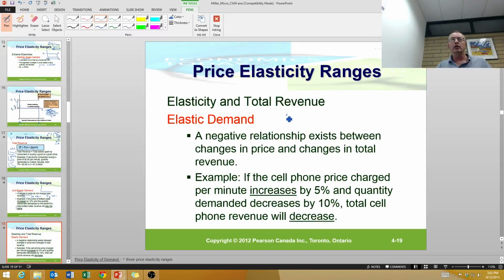So the change in price and the change in total revenue are inversely related. So when we look at these things, here's a demand curve. We're looking at elastic, so I'm going to have a fairly flat one.